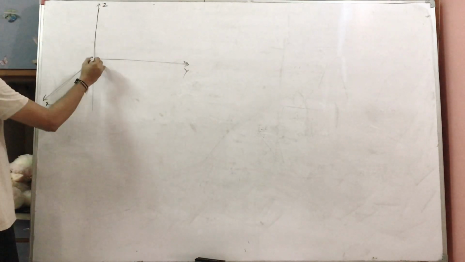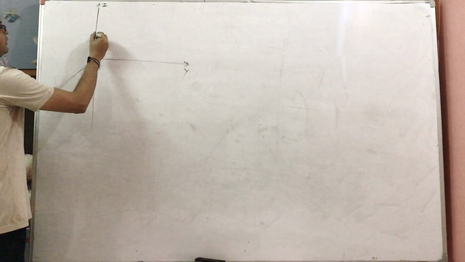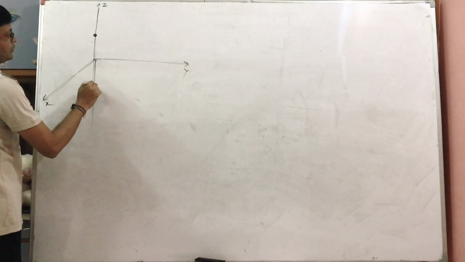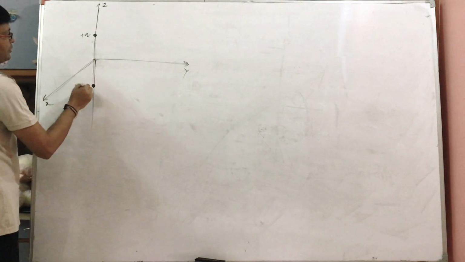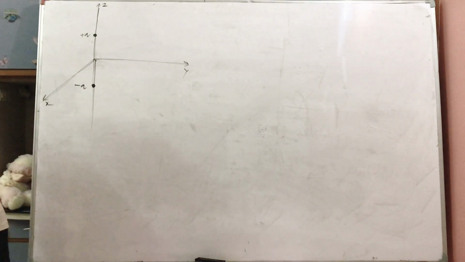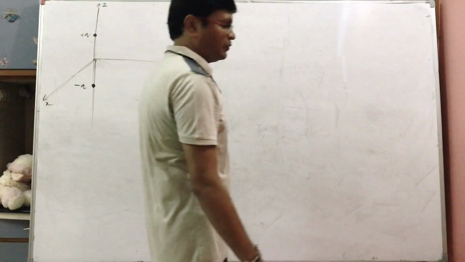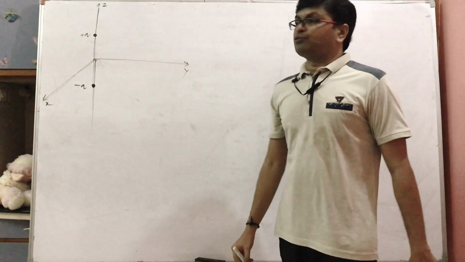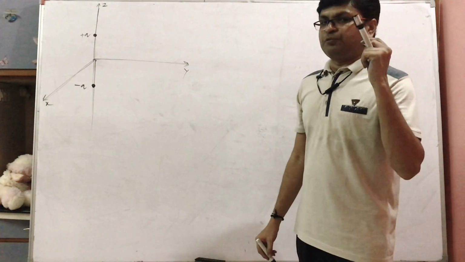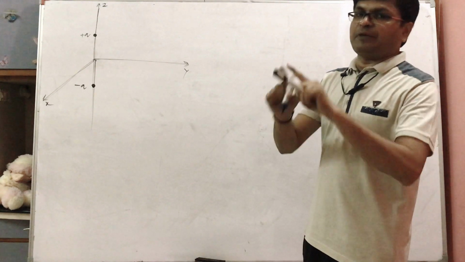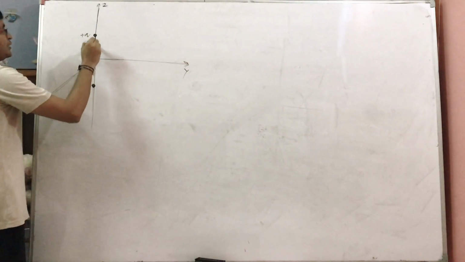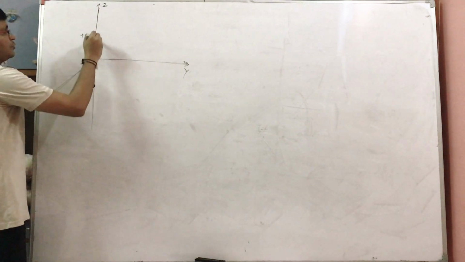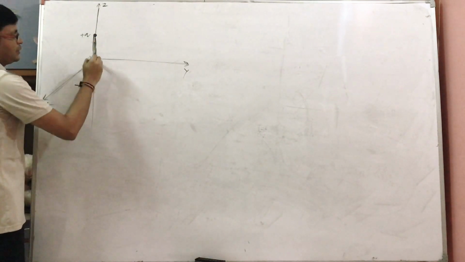This is the positive Z axis, this is the negative Z axis, and these are the two charged particles, plus Q and minus Q. Obviously, two charged particles, equal in magnitude and opposite in type, separated by a finite distance. Then these two charges always form a dipole.